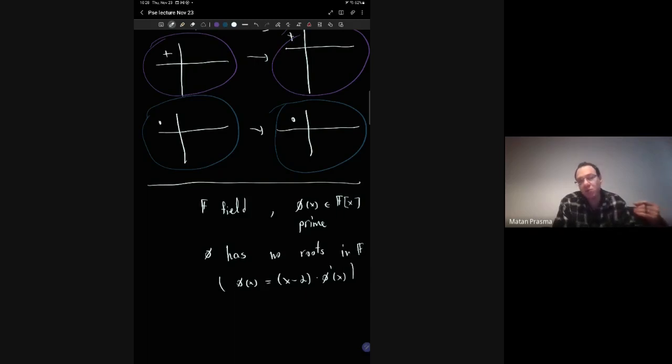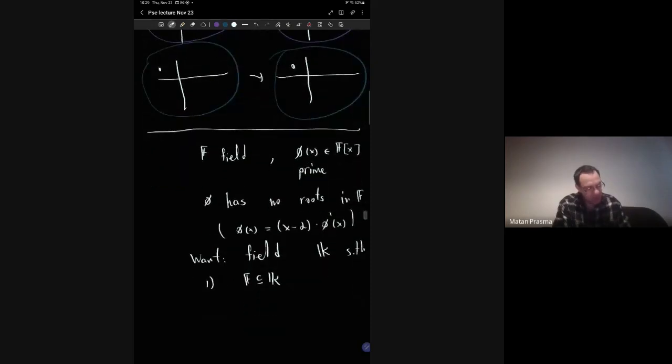I would like to obtain a field K that contains F. And of course, if it contains F, then I can consider phi over the bigger field.